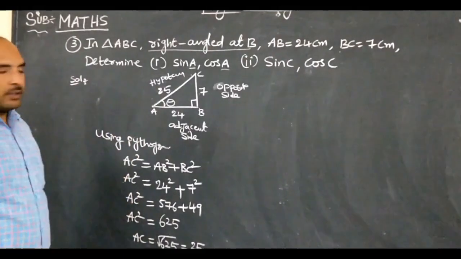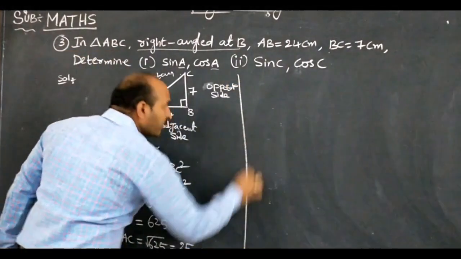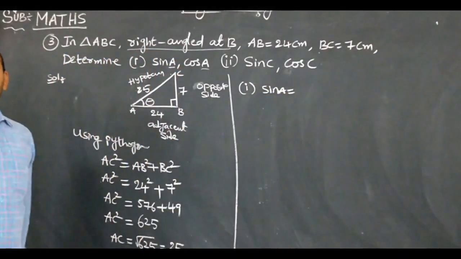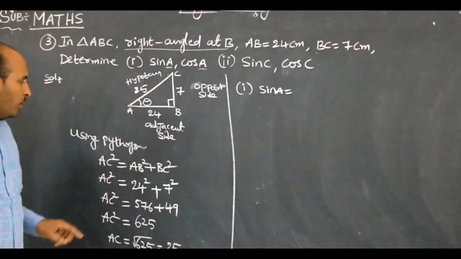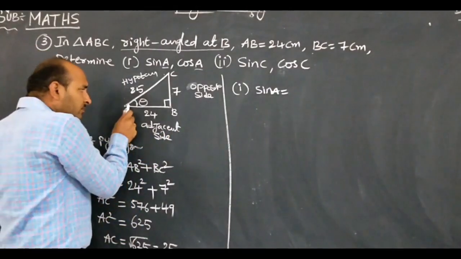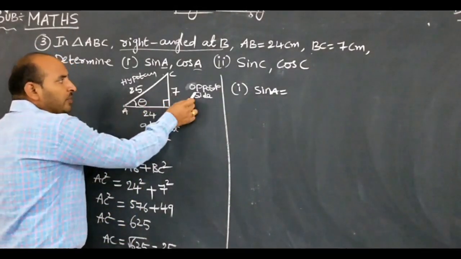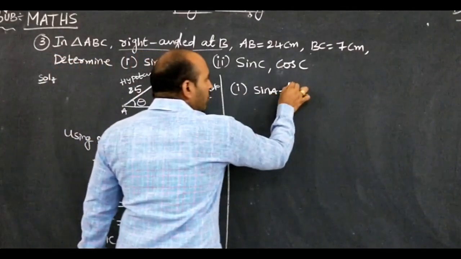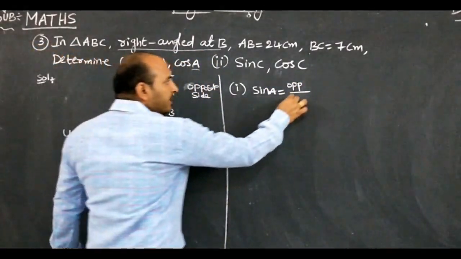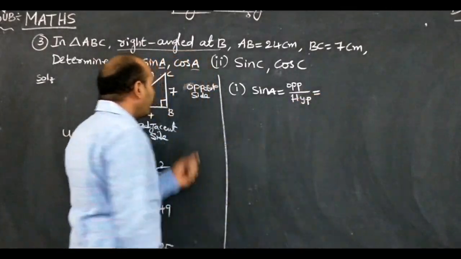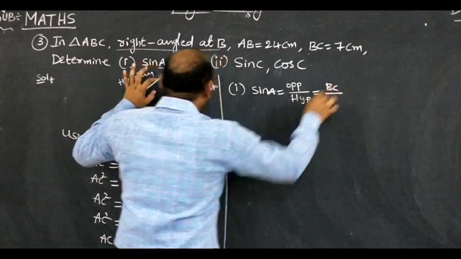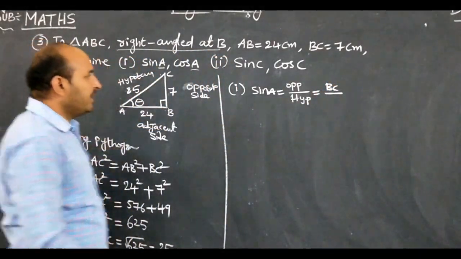Now coming to the first bit, sin A at angle A. According to the trigonometric ratio, the sin A formula is sin A is equal to opposite side divided by hypotenuse. The opposite side is BC, and the hypotenuse is AC.